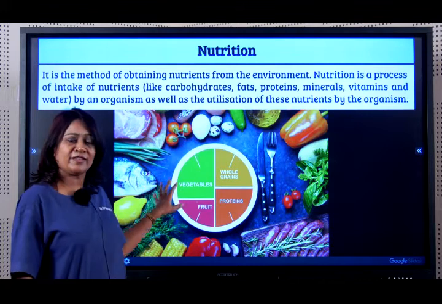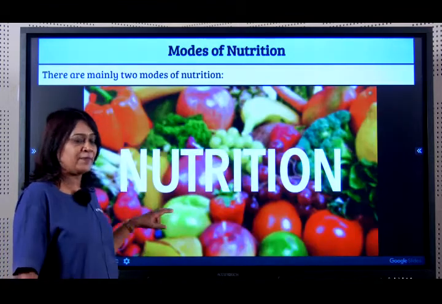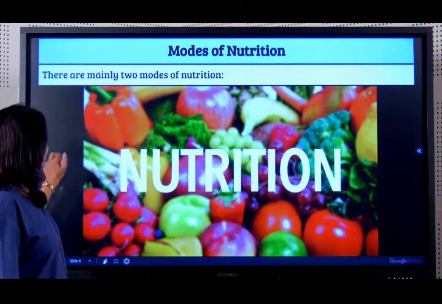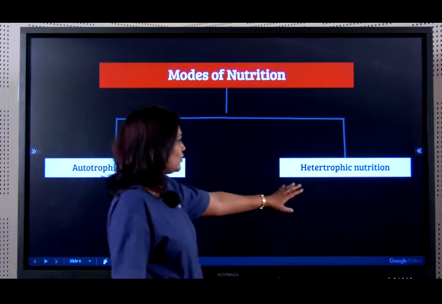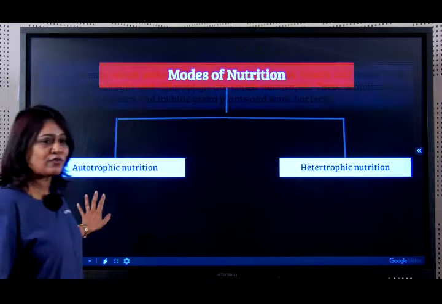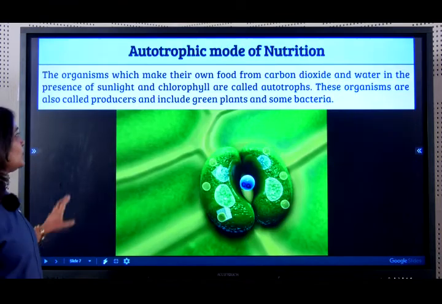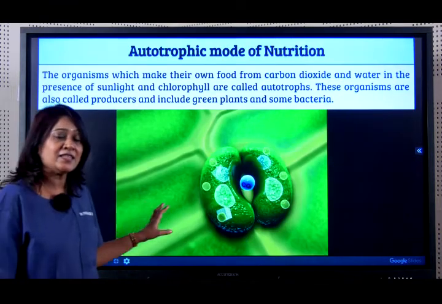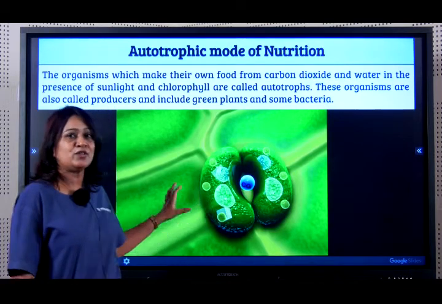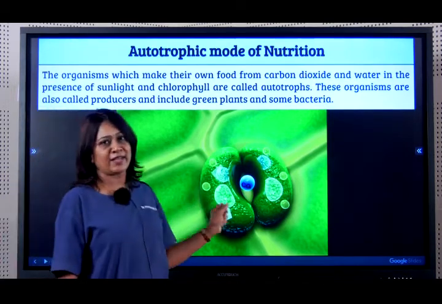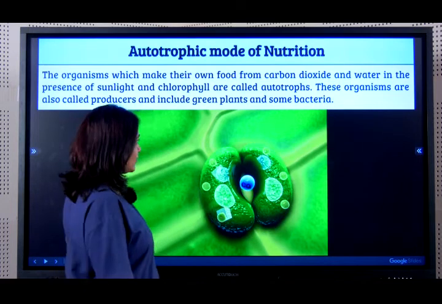Nutrition is further divided into 2 types, mainly the autotrophic nutrition and the heterotrophic nutrition. Autotrophic is a simple kind of nutrition, where an organism can make its own food from inorganic substances. What are these inorganic substances?